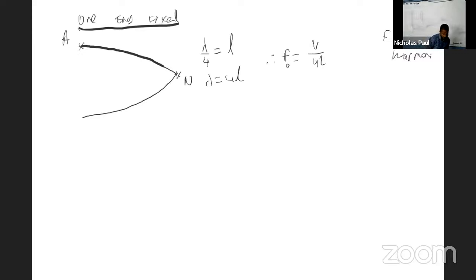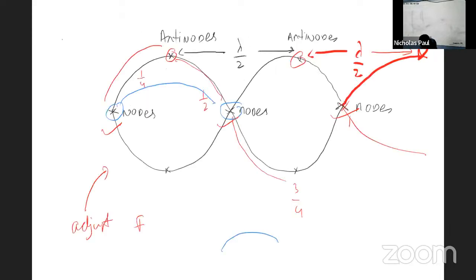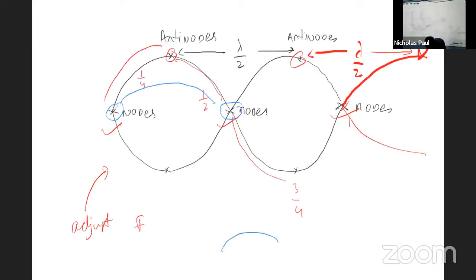So you can look back at the original, this one here. Look for the next time that you start with an antinode and finish with a node.